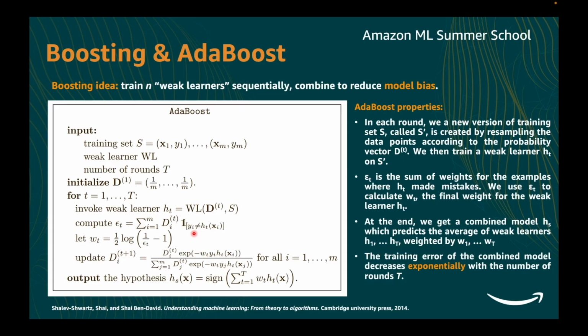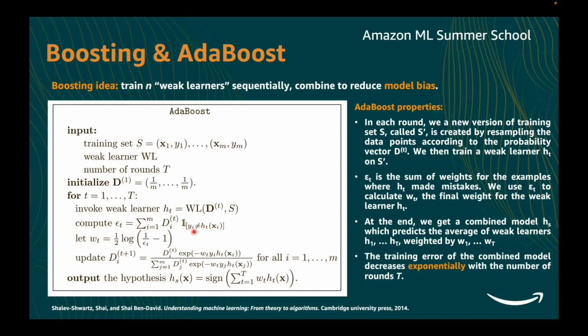What this equation is essentially saying is, using the model I have just trained, I'm going to predict on all of my training samples again and get predictions h t of x 1, h t of x 2, etc. Those are all of my predictions.